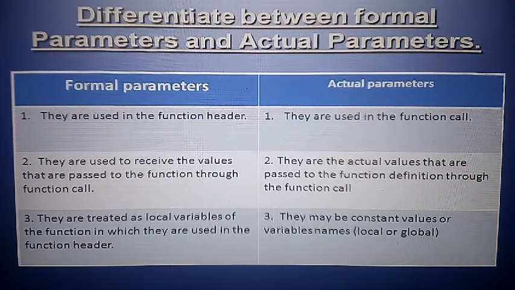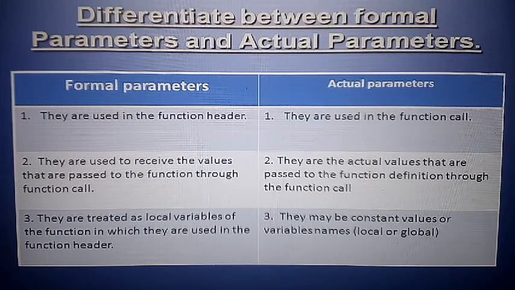Second point, they are used to receive the values that are passed to the function. The function always receives the value, and the actual parameters are what is passed to the function. So the actual parameter gives the value to the function.